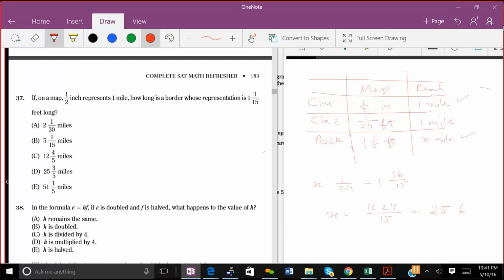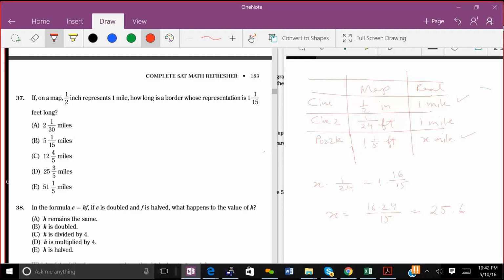Half an inch is 1 mile. 1 inch is how many miles? 2. Yes, so 1 inch is 2 miles.